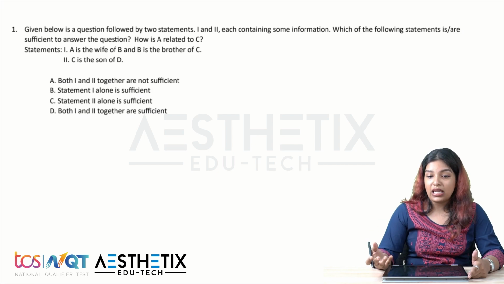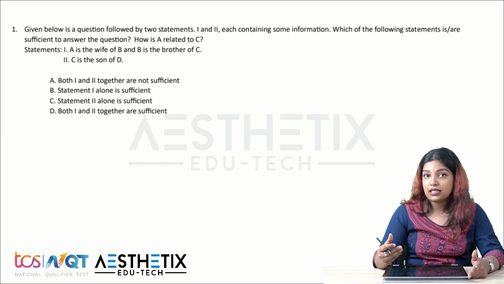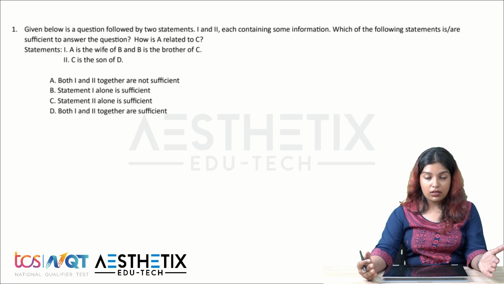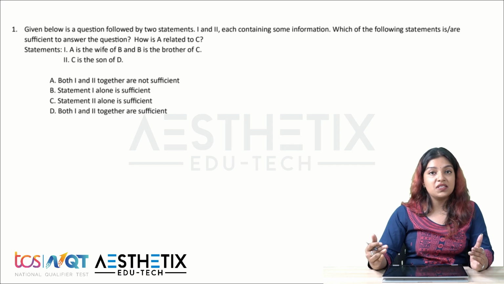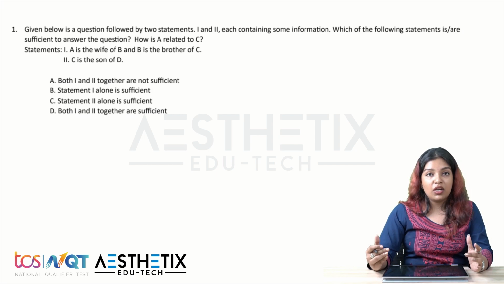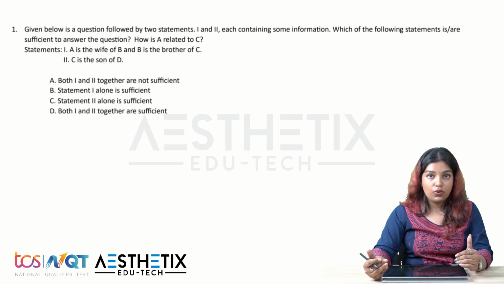And if we cannot find a solution to the question using both the statements, then the answer would be both 1 and 2 are not sufficient. So this is the pattern of questions from data sufficiency, and these will be the options too.